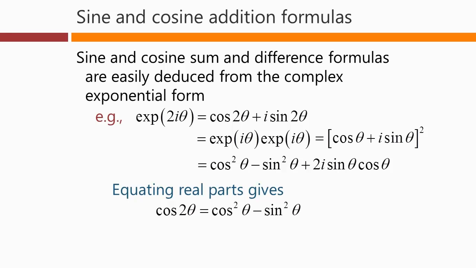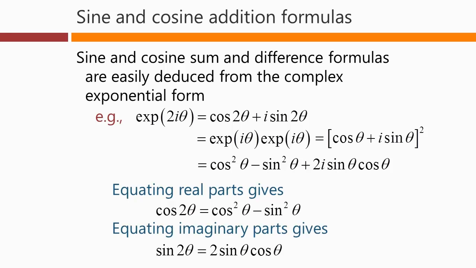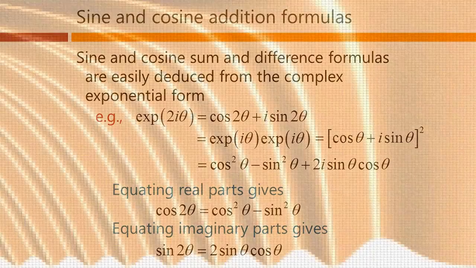So therefore we get that cos 2 theta is cos squared theta minus sine squared theta. And if we equate the imaginary parts, that's I sine 2 theta here, is equal to 2I sine theta cos theta. In other words, sine 2 theta is equal to 2 sine theta cos theta. It's just an example of how we can work out all of these sine and cosine addition formulas.